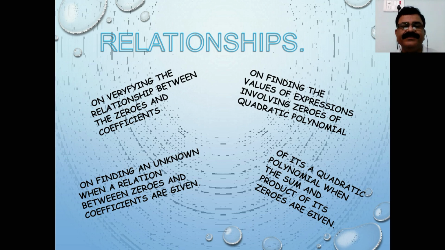Third, finding the values of expressions involving zeros of a quadratic polynomial. Fourth, finding a quadratic polynomial when the sum and product of its zeros are given. These are the 4 characteristics of the relationship which you must understand. By understanding them we can solve questions related to the relationship of the coefficients of polynomials.